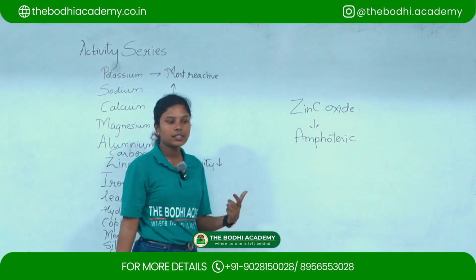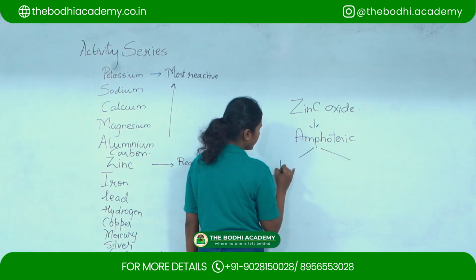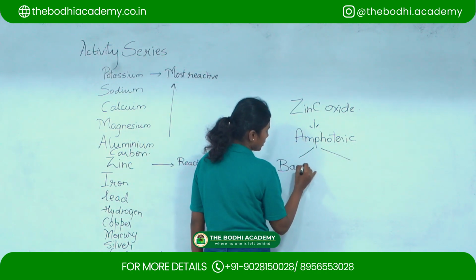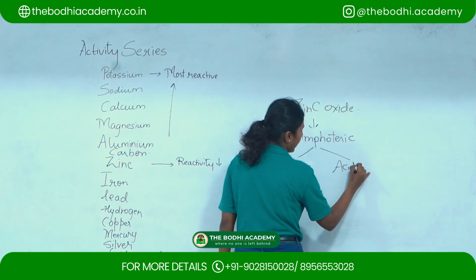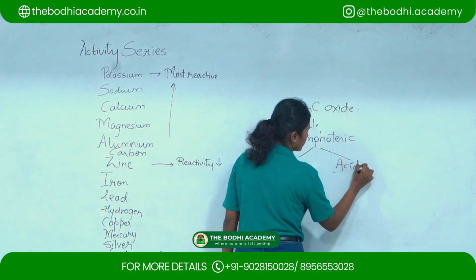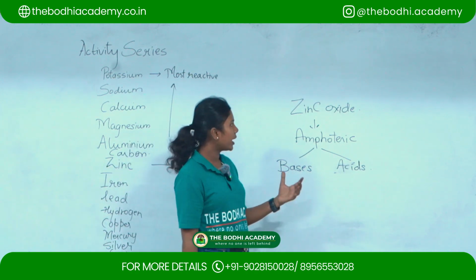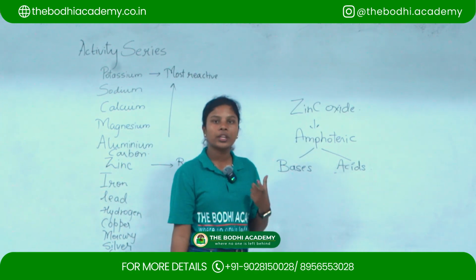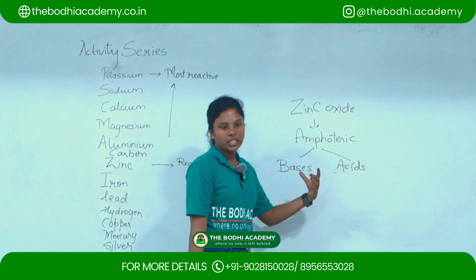Amphoteric tells us that it will react with both bases as well as acids. So an amphoteric metal or oxide is going to react with both acids as well as bases.